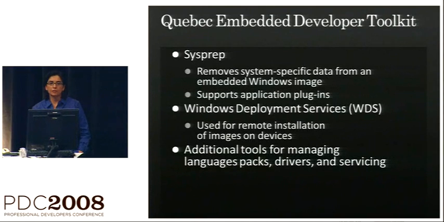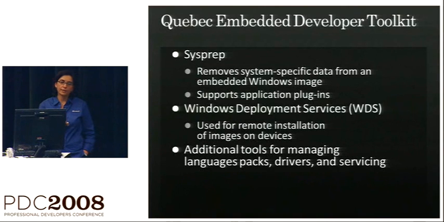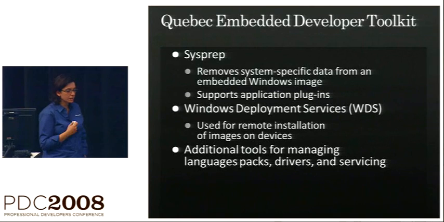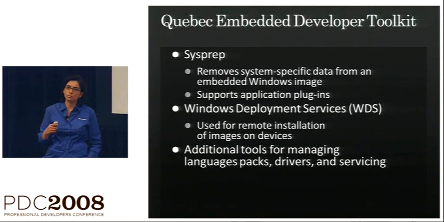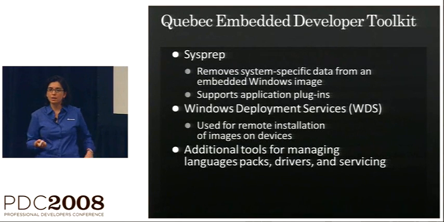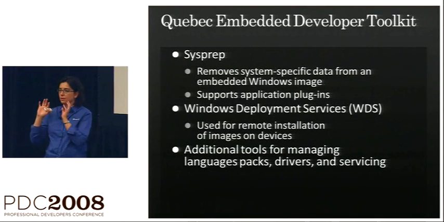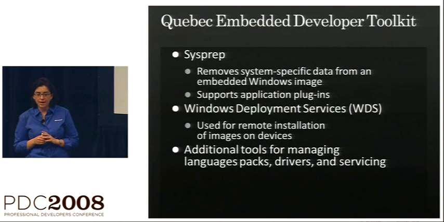Another tool that is new in the toolkit, and that we're sharing with the desktop OPK, is SysPrep. SysPrep is a command line tool. Once you've built your image, you need to generalize it. You need to strip out machine-specific information, capture it, and then put it on your other devices or deploy it in your factory environment.